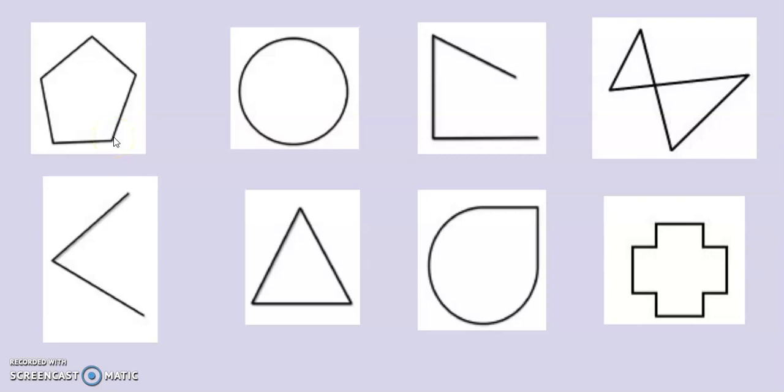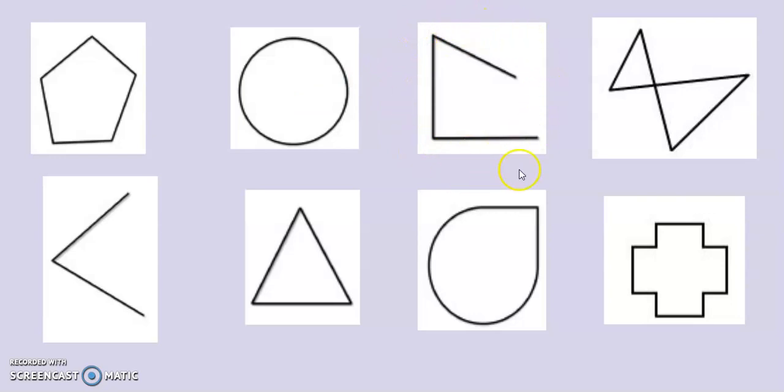It looks like it's a flat plane shape, and there are no crossovers. This is a polygon. When I go next door, let's see. It is closed. Does it have all straight lines? Uh-oh, it's one big curve. This is not a polygon.